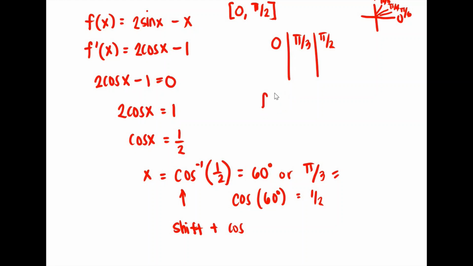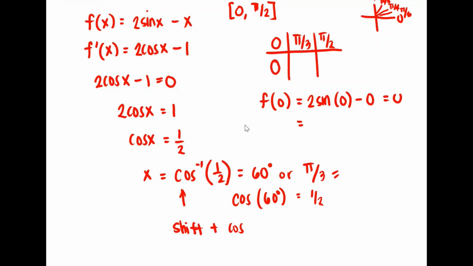so we will have f of 0 equal to 2 sine 0 minus 0. So that will give us, using our calculators, that is 0.